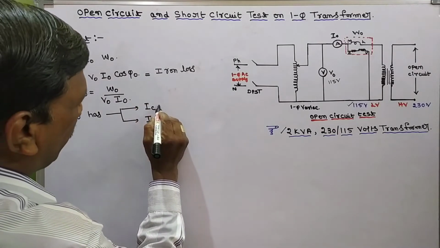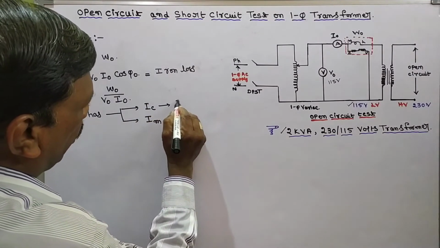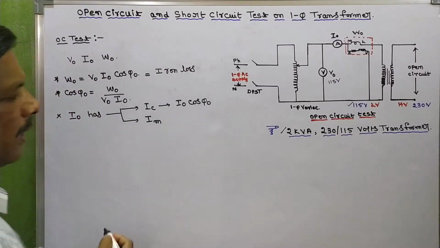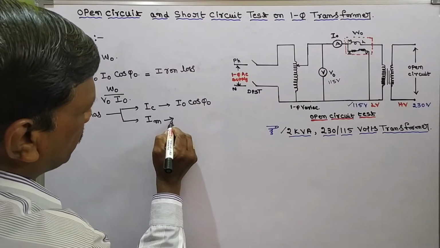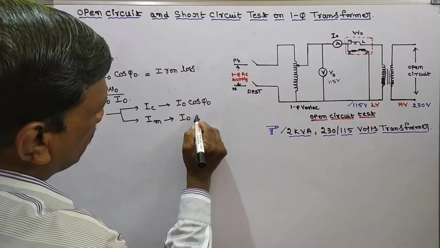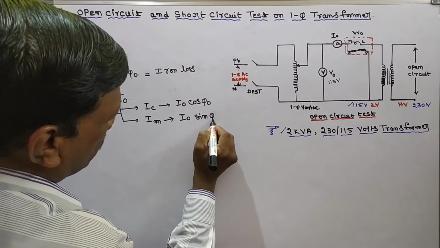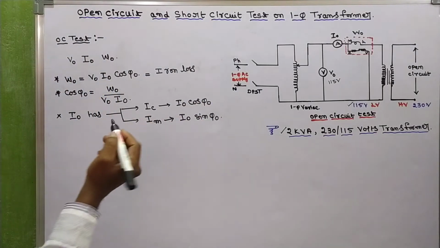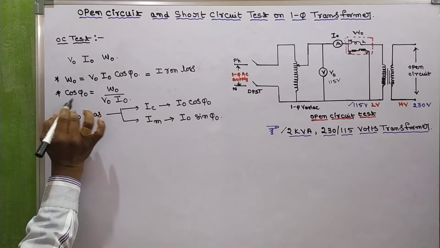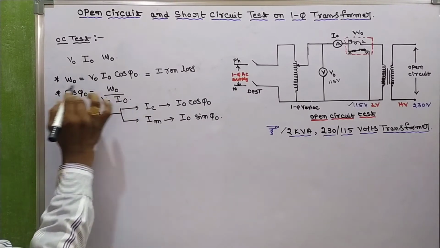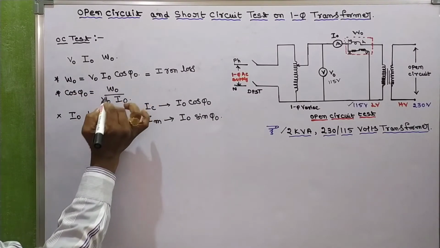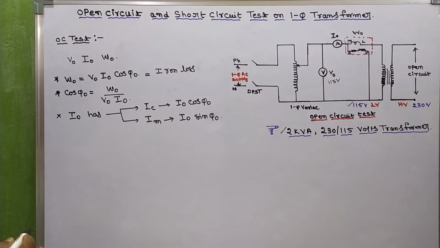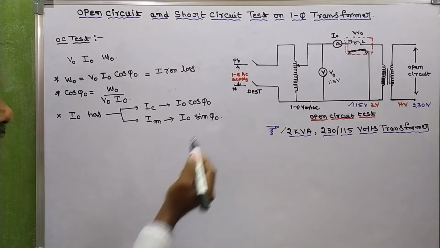The core loss component formula is I0 cos phi naught and the magnetizing current is I0 sin phi naught. Now cos phi naught, you already know the formula. With the help of W0, V0, I0, we are going to calculate cos phi naught. And what about sin phi naught?